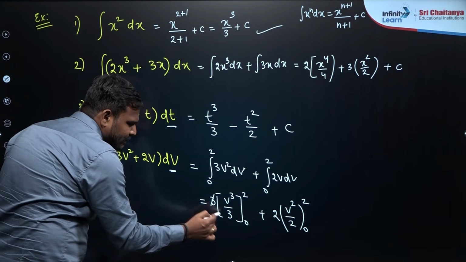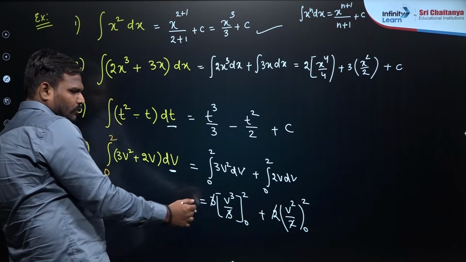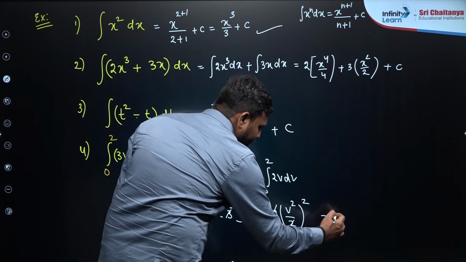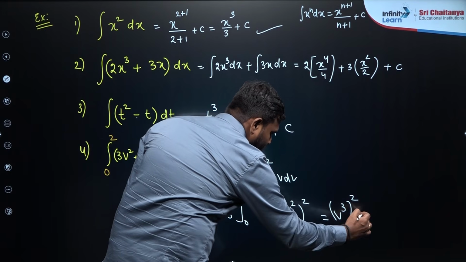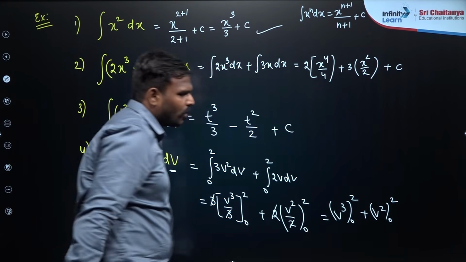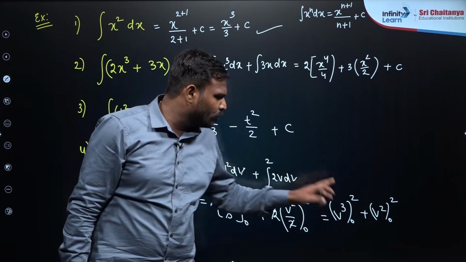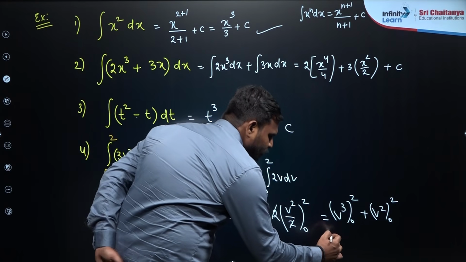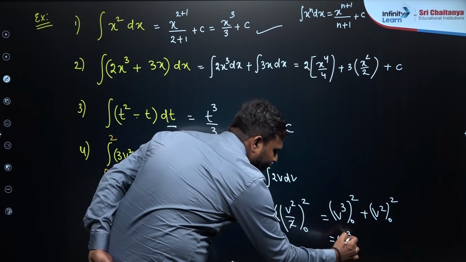Now I can cancel 3 and 3, 2 and 2. So it became v cube plus v square. So always what we have to do, sir, first substitute the upper limit, then substitute the lower limit. So instead of v, the variable, we will put the upper limit minus lower limit.